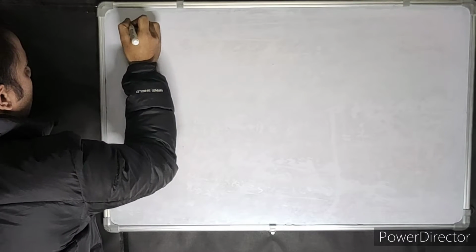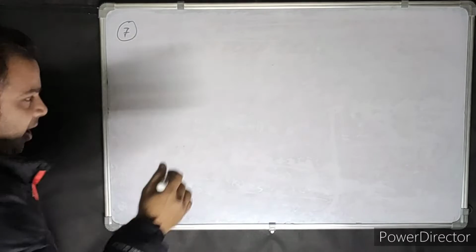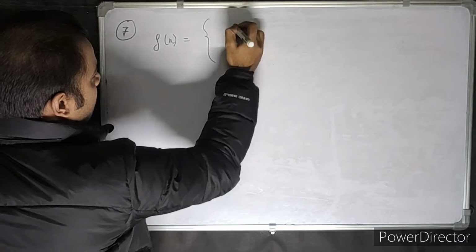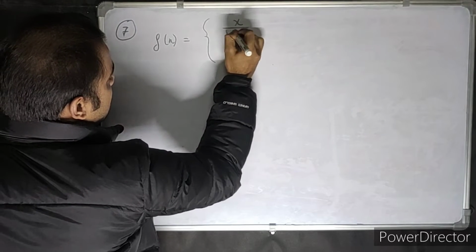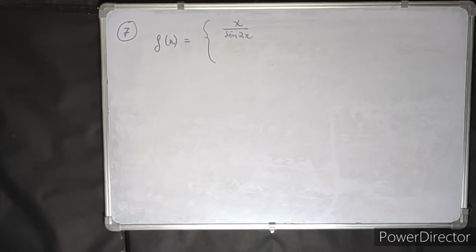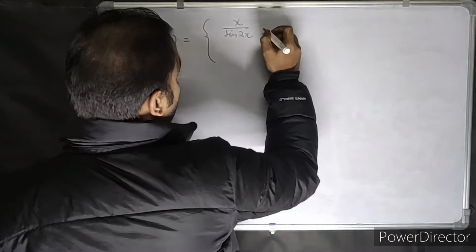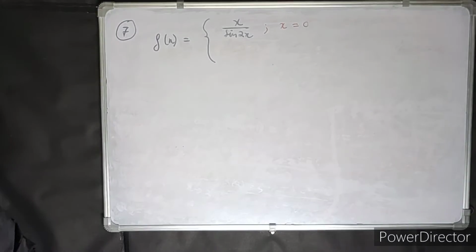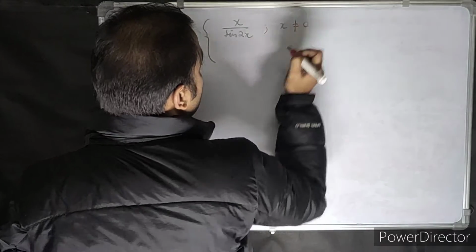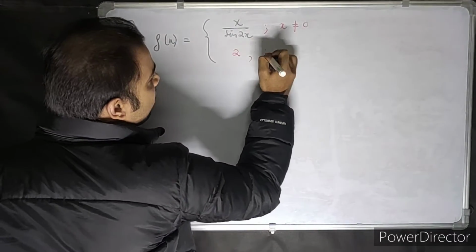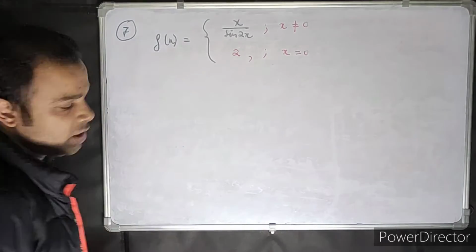Question number 7. Question number 7 says f of x is given as x divided by sine 2x, when x is not equal to 0, and it will become 2 when x is equal to 0.